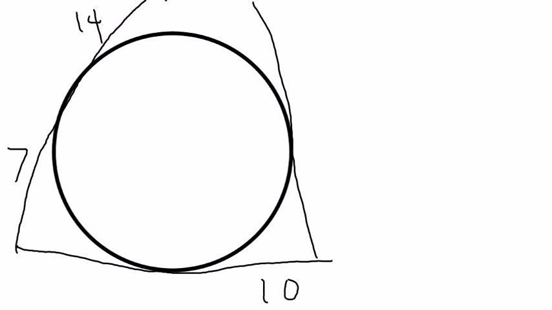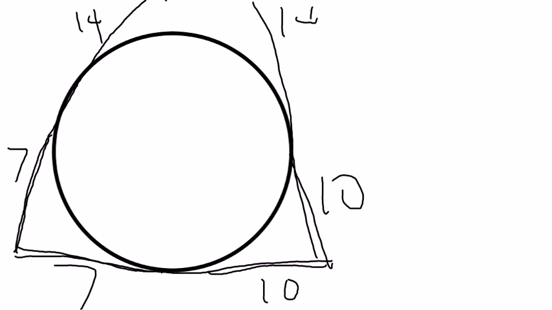You know that from one point, if the lines are tangent to the circle, the distances are going to be the same. So this line is equal to that one, so that's 7. This one is equal to that one, so that's 10, and then 14 is the rest. Now you just add them all up, and you'll get 62, and that's it.